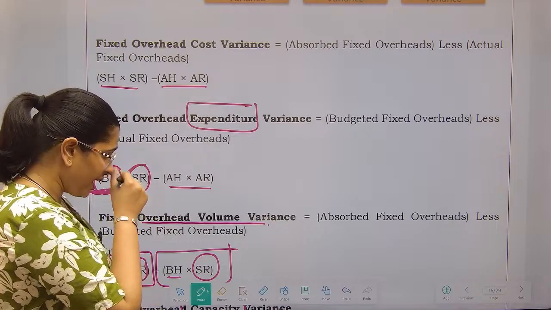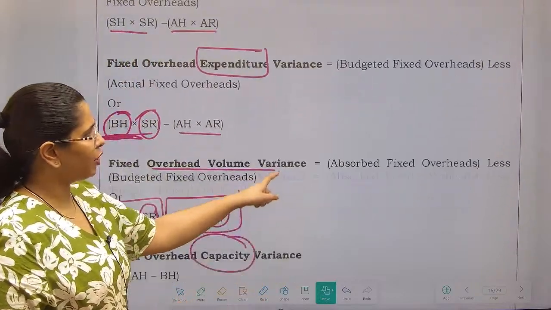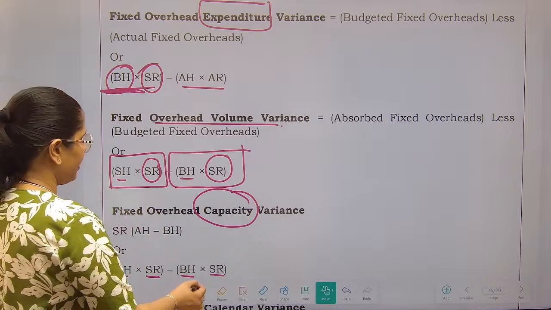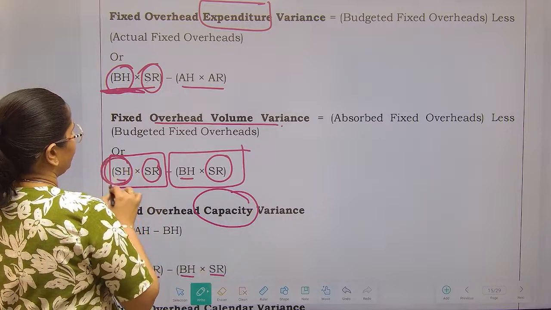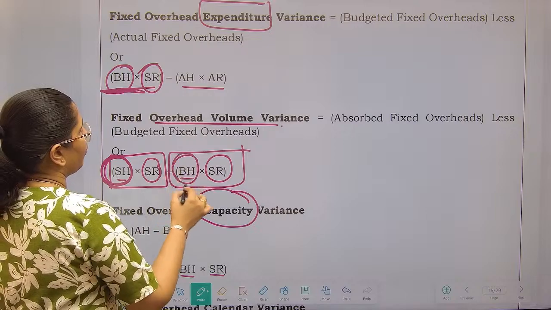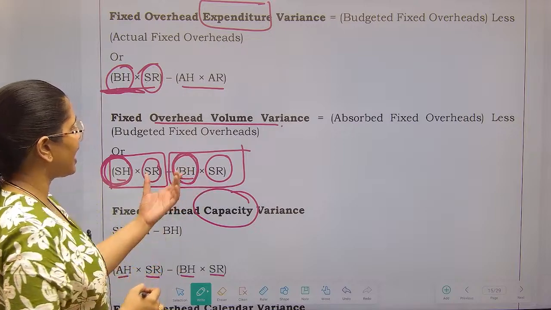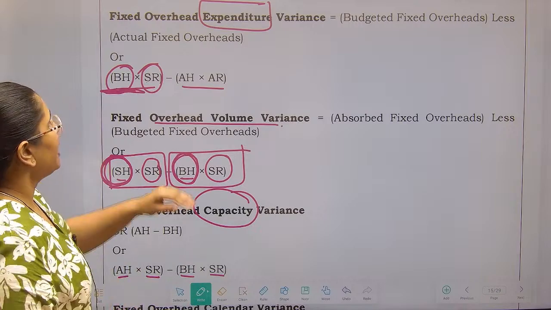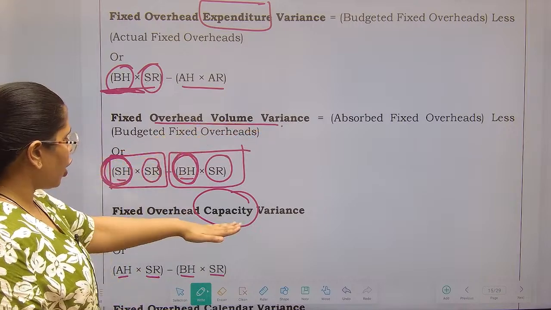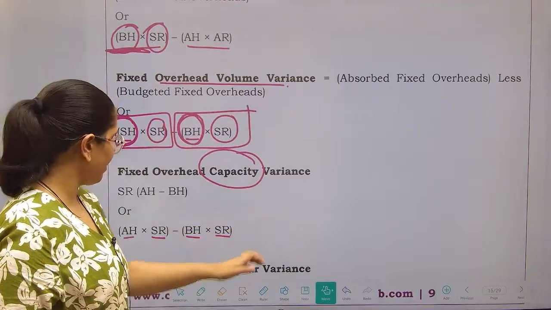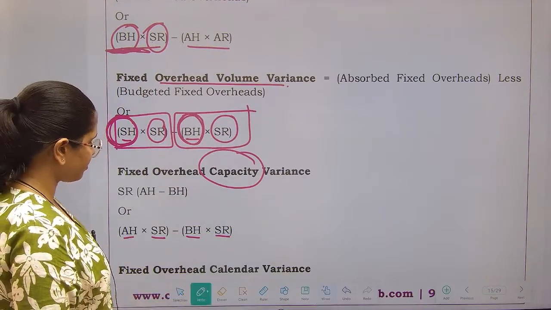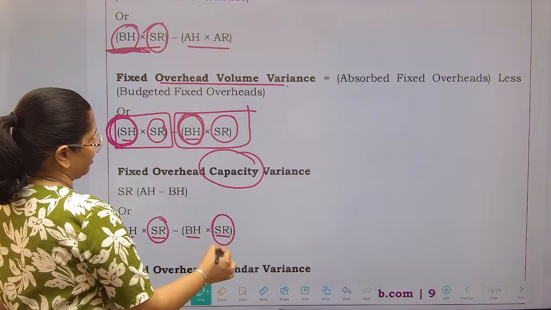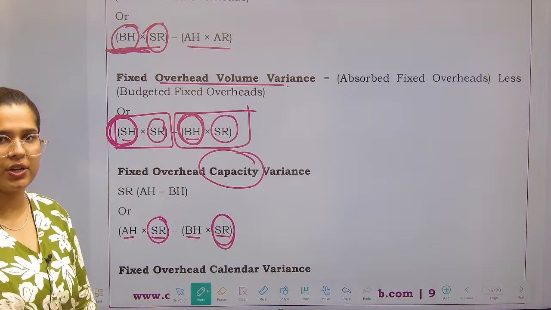ठीक है, यहाँ पे next thing that is the matter of confusion. Next thing, fixed overhead volume variances में standard hour, they want to compare it with the budgeted hours, right, and standard rate being same. एक चीज जो आप याद करने के लिए कर सकते हैं, even in your volume variance or in your capacity variance, just remember that the standard rate is the foundation over here. ठीक है, standard rate आपकी foundation है.